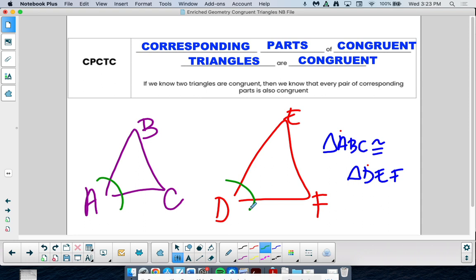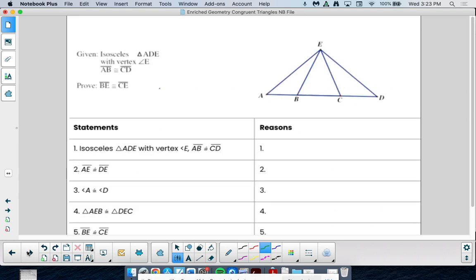Those are corresponding parts. Well, now we can use CPCTC in a proof to show that specific parts of congruent triangles are the same, okay? So it's like we're taking the proofs that we've been doing for the last week and we're adding one more step. So after we're done proving our triangles congruent, we can say specific pieces of them are congruent, okay?